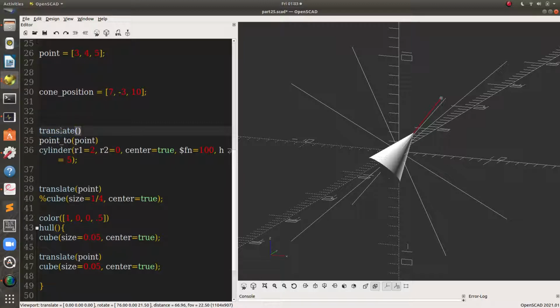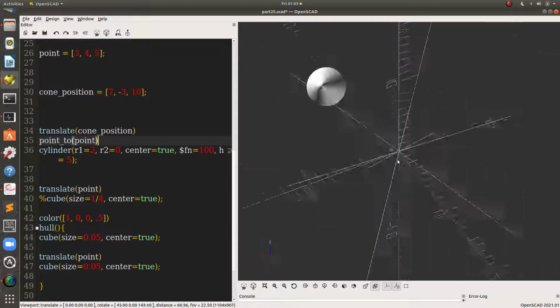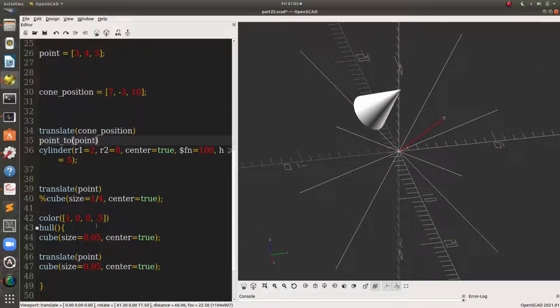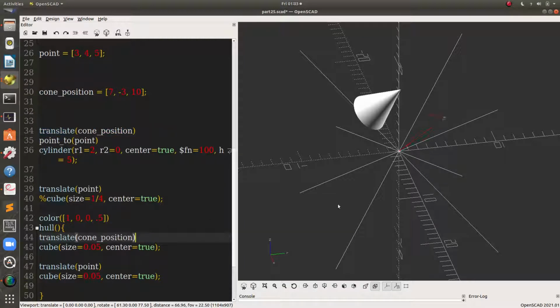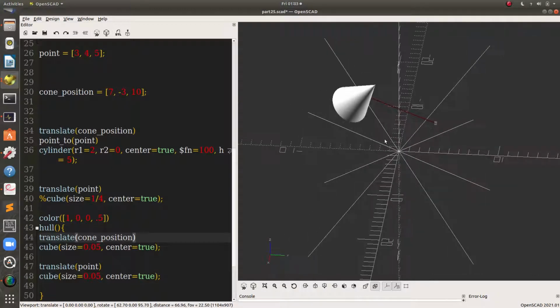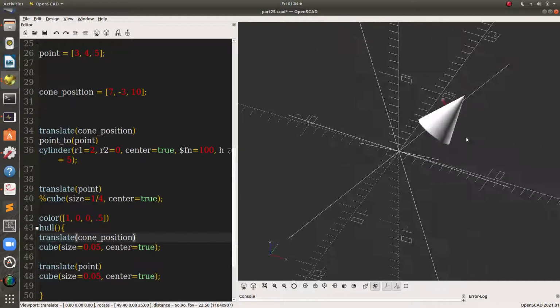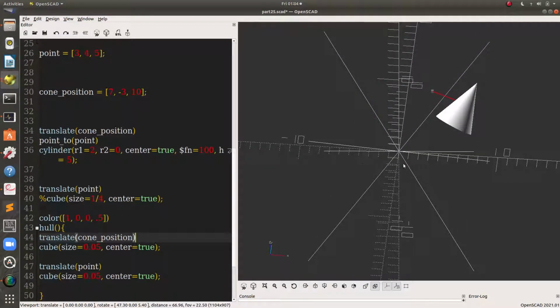If we just translate it, it's not good. So I should actually put this here too, just so that we can see from the center what it's pointing at. So that's not good. Now we've sort of broken it, but there's an easy way to fix this.